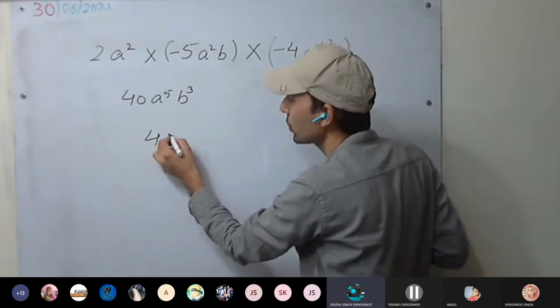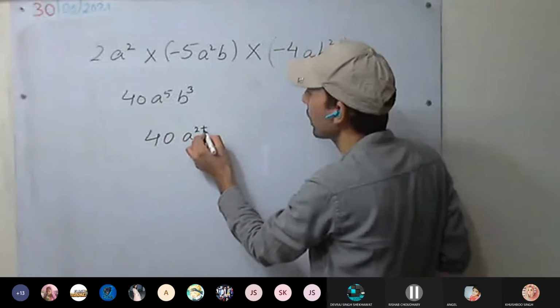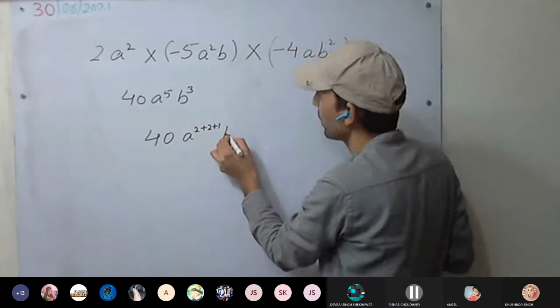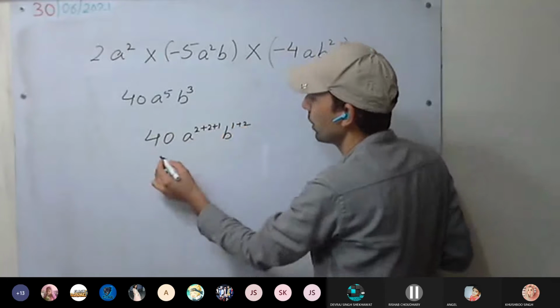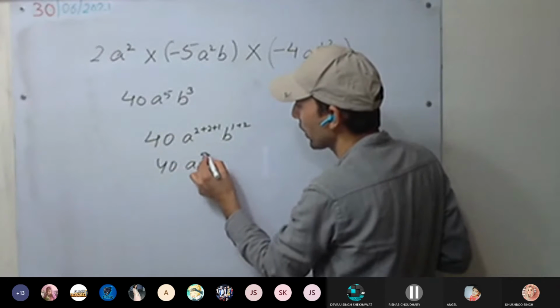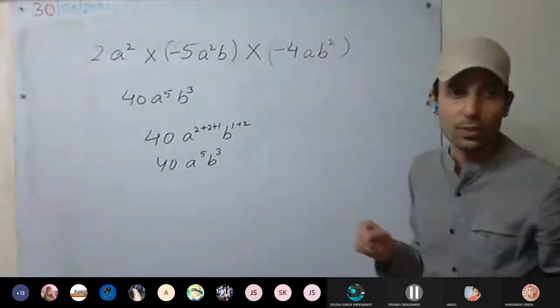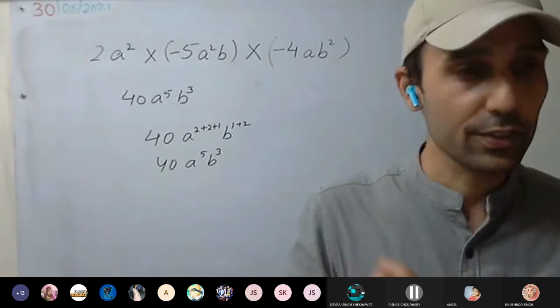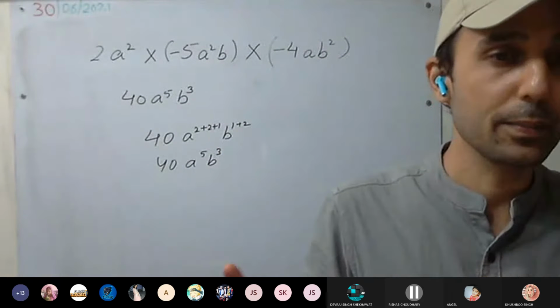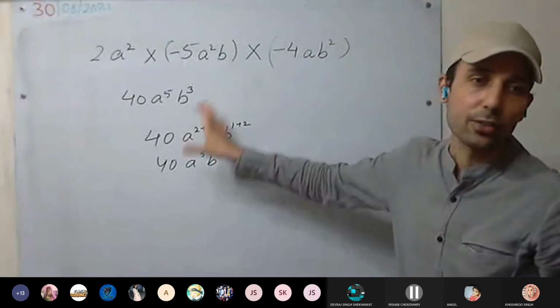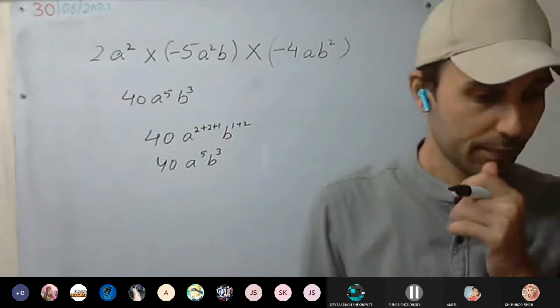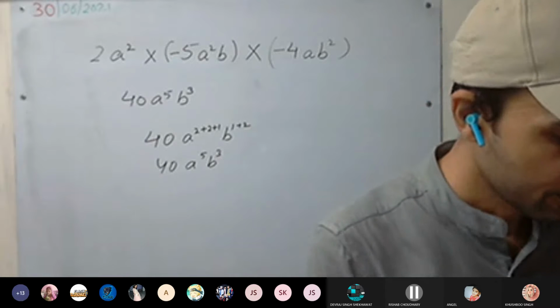Or if you want, you can do it like this: a raised to power 2 plus 1, b raised to power 1 plus 2, 40 a raised to power 5 b raised to power 3. So it's up to you which seems easy, familiar or comfortable, you can go with that method. Okay, is this clear?